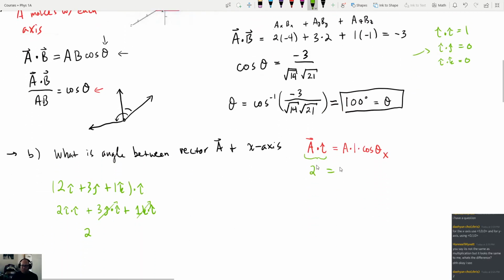Yeah, square root 14. And that's multiplied by cosine of the angle that vector A makes with the x-axis. We can then solve this. So we'll get cosine inverse of 2 divided by square root 14, and that's going to be equal to theta sub x. Let's see what that is. Should this be between 0 and 90? Should it be acute or should it be obtuse? What do we expect?